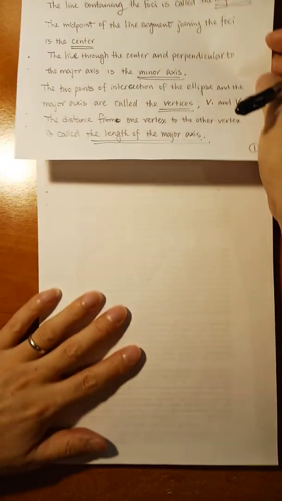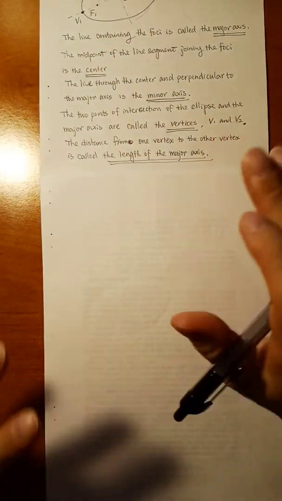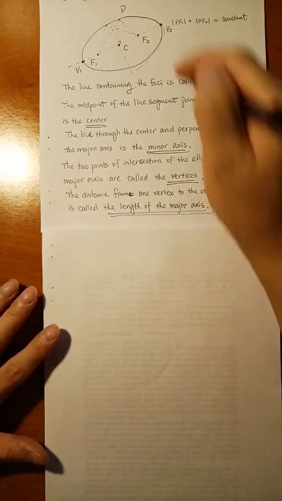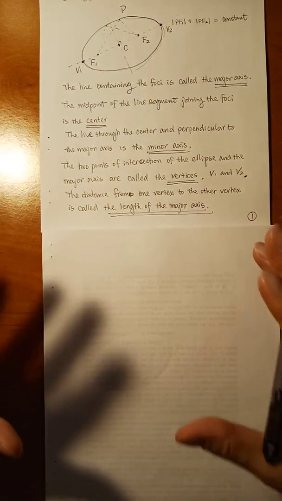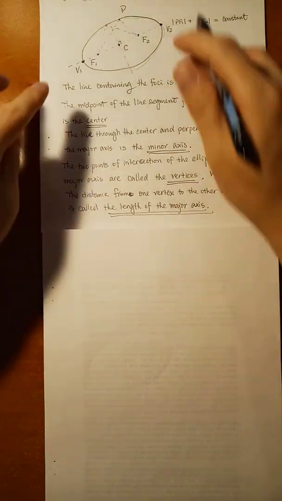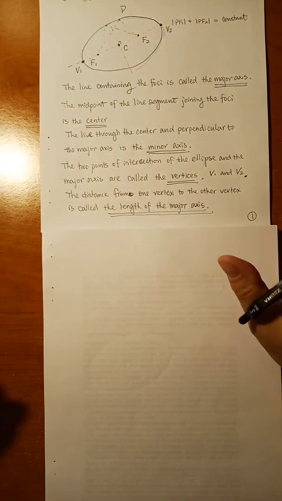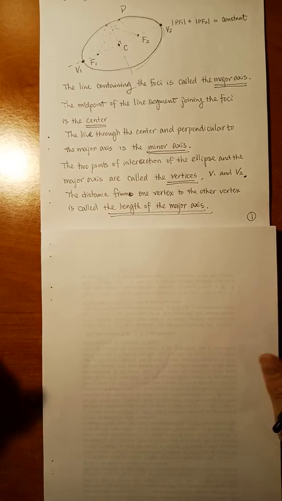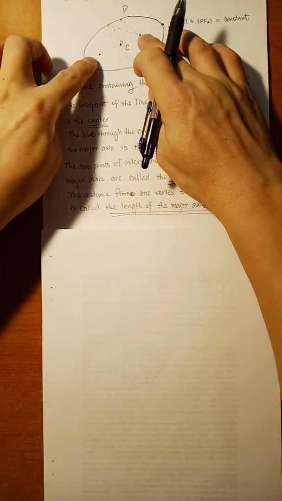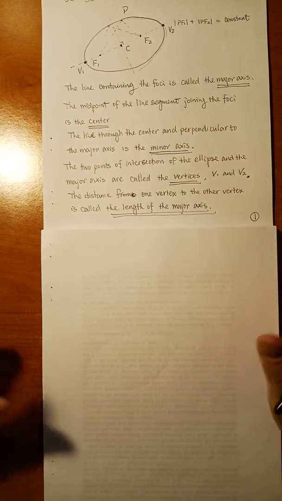How do we do that? There are several things. First, those two foci, we need to place them in the proper place. If we place them the wrong way, possibly the computation will be very complex.